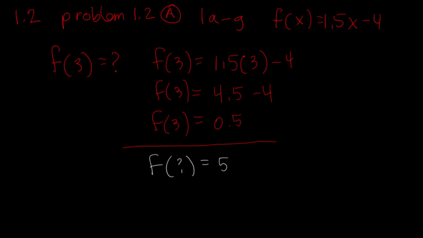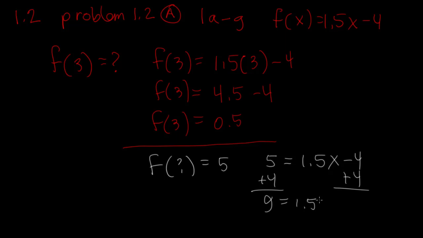And here you would treat this just like you would all the other problems before, where you'd say 5 is equal to 1.5x minus 4. You'd follow your algebra, and you'd have 9 is equal to 1.5x. So I think that should be pretty straightforward there.